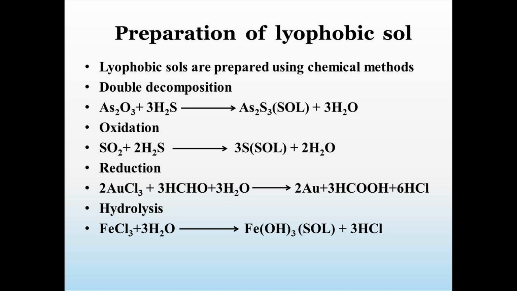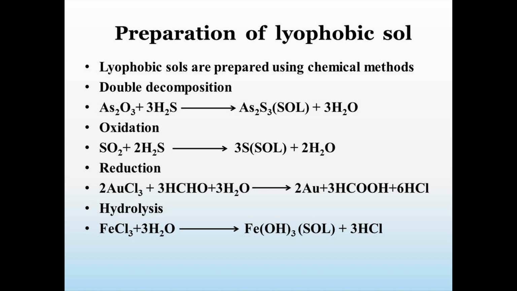Now take the example of auric chloride with formaldehyde solution. When auric chloride reacts with formaldehyde solution, it produces aurum along with formic acid. The change happening here is auric chloride contains aurum with +3 oxidation state, and after the reaction it is converted to aurum in the elemental state, that is 0.